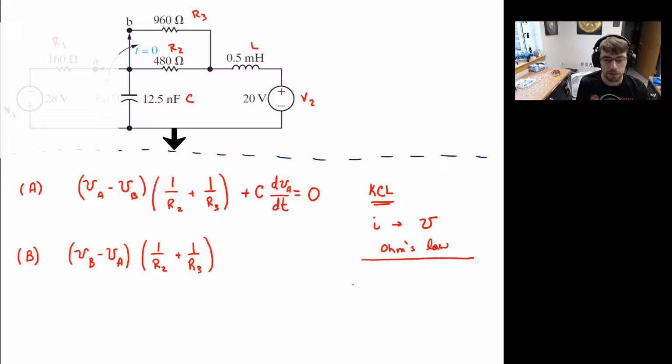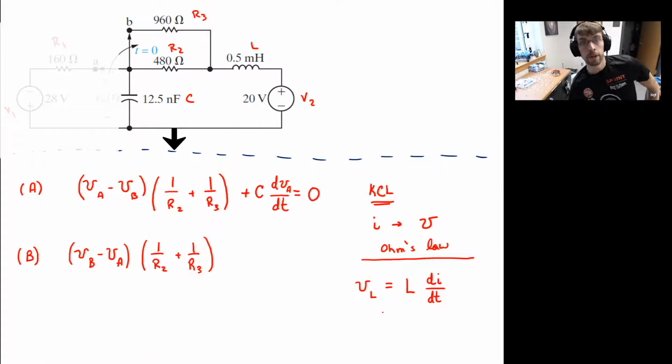And we start scratching around and we realize, okay, the potential drop across the inductor is given by the inductance times di dt. Rather than it being the charge, as it is for the capacitor, here it's related to the changing current.